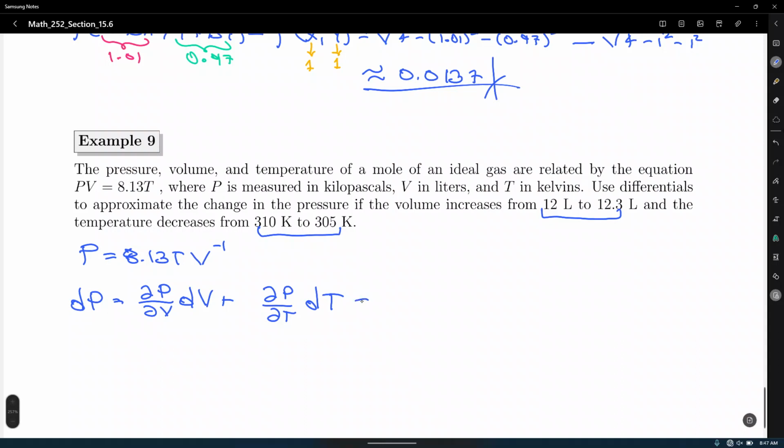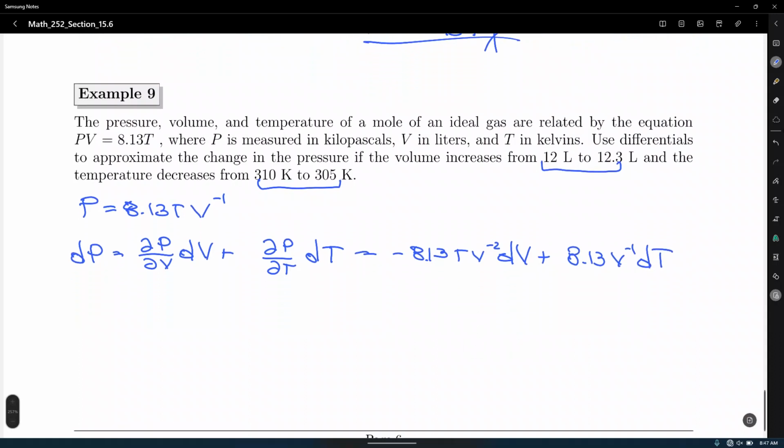Okay, find the partial derivative of the pressure with respect to volume, that is negative 8.13 T V to the negative 2 dV plus partial of the pressure with respect to temperature, that's just 1 times 8.13 V to the negative 1 dT.